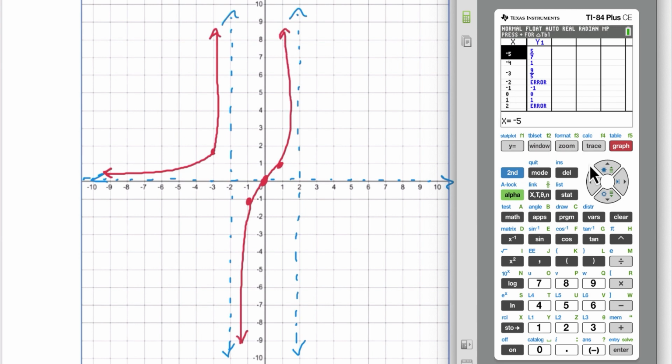And then if we wanted to go to the right, say around 3, we have 3, -9/5, and we can get an approximation of that as well. Sketch that part. And we have a very rough sketch of this rational function.